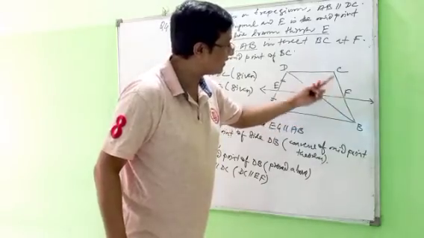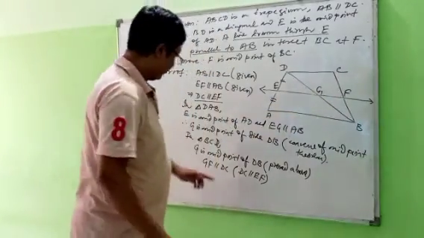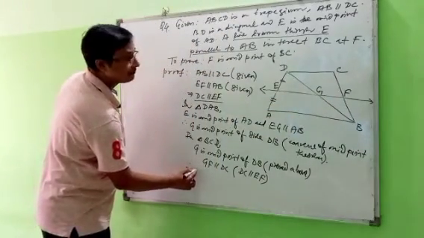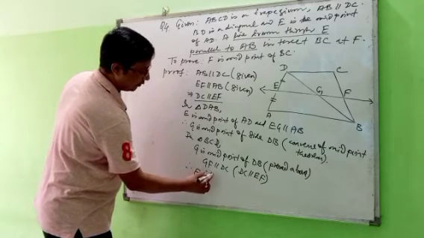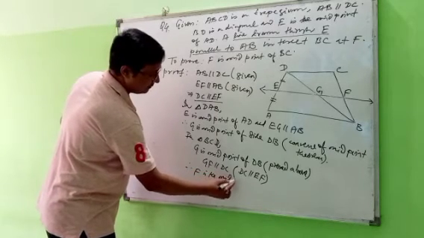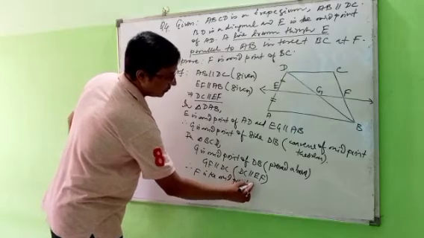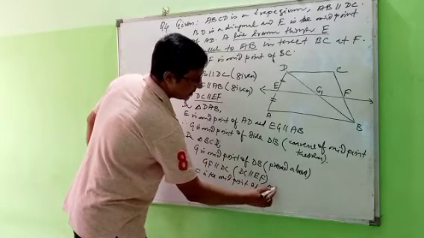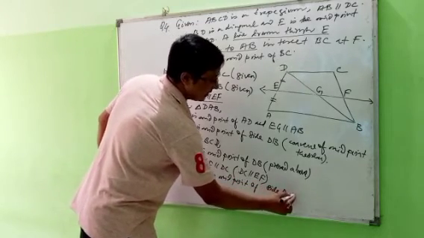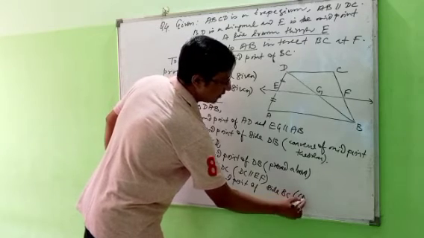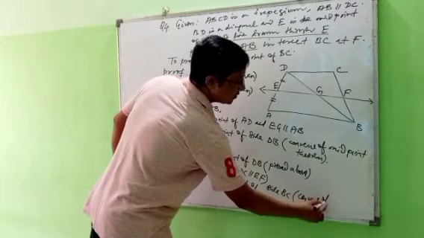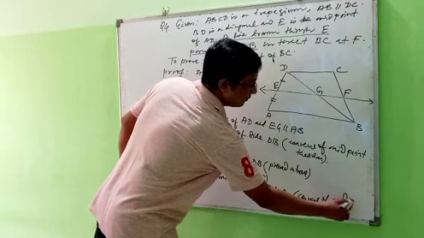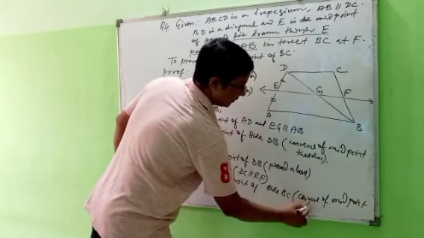That is why F is the midpoint of the side BC. Therefore F is the midpoint of side BC. You have got it by the converse of the midpoint theorem.